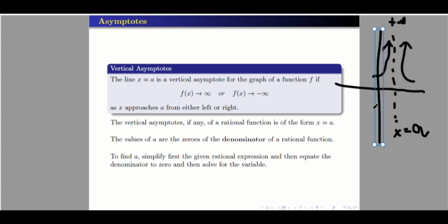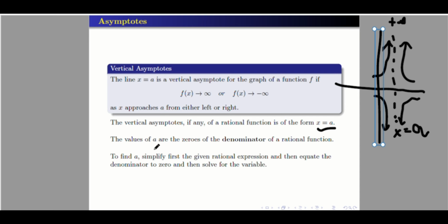And it will also approach negative infinity if we go here from left or right, approaching a. Now, the vertical asymptotes, if any, of a rational function are of the form x equals a. So the values of a are just the zeros of the denominator.